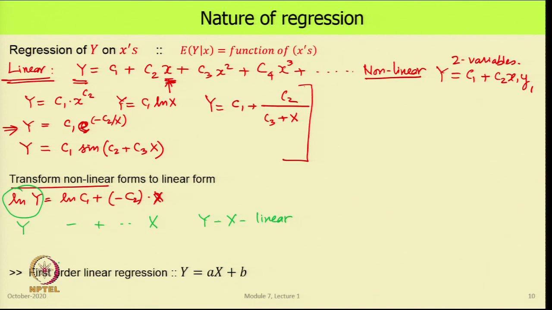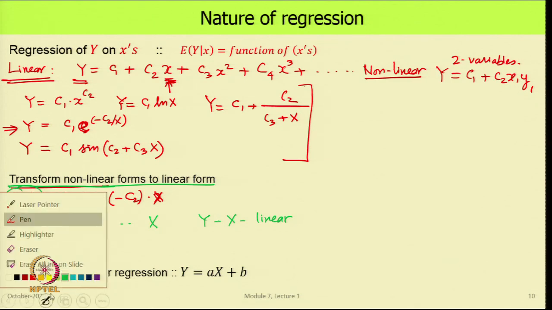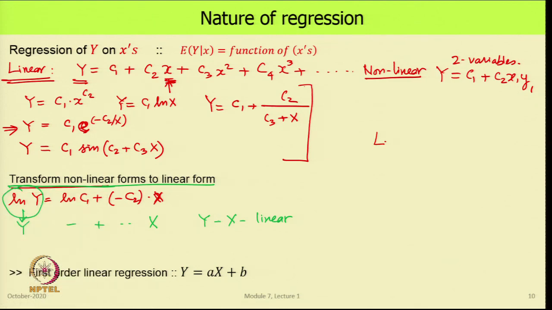So, in many situations, one can do a transformation and bring a nonlinear form to a linear form. So, that is a transformed variable. This is one restriction that we will put in the analysis that we do, that we look at only linear regressions.